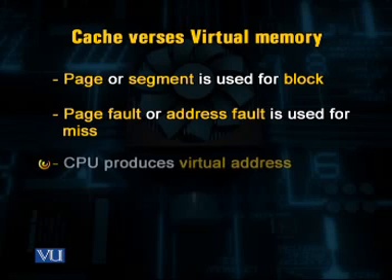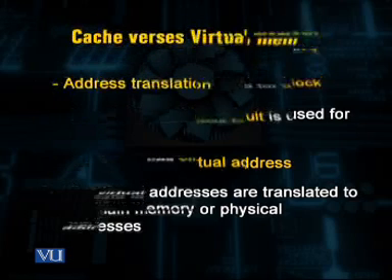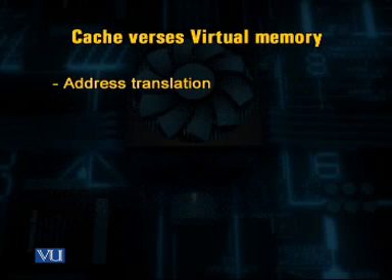The CPU produces virtual address as it produces main memory address for the caches. The virtual addresses are translated to the main memory or the physical addresses. The process of address translation is analogous to the memory mapping as used in caches.